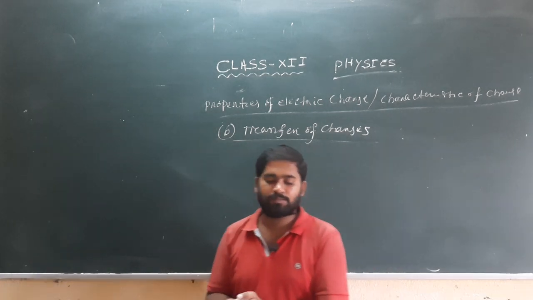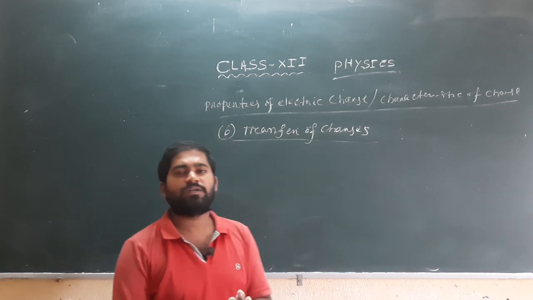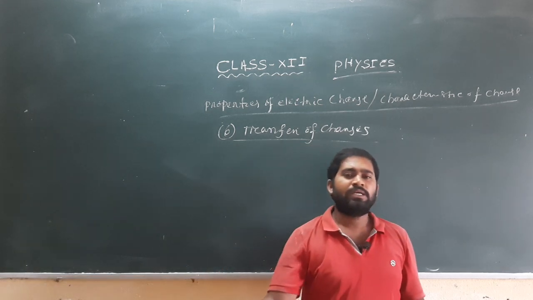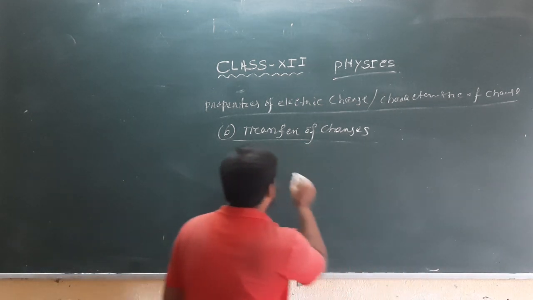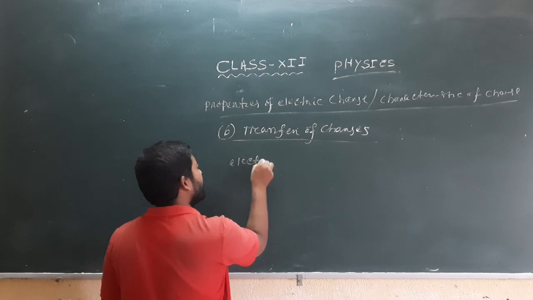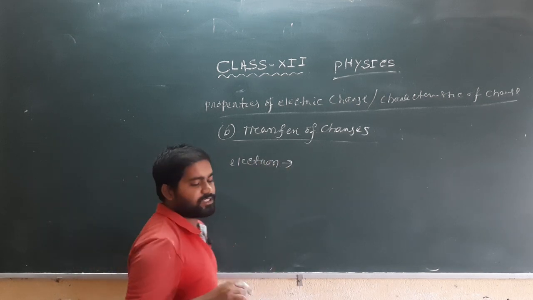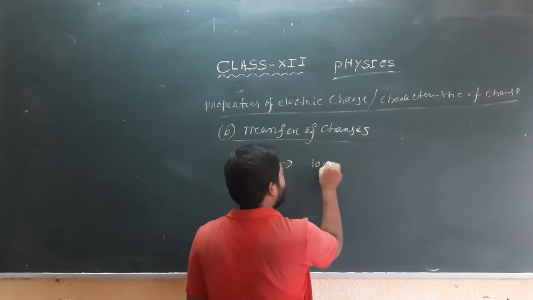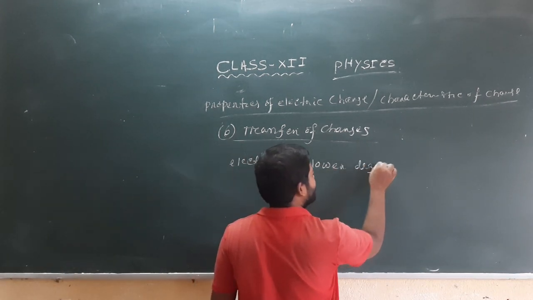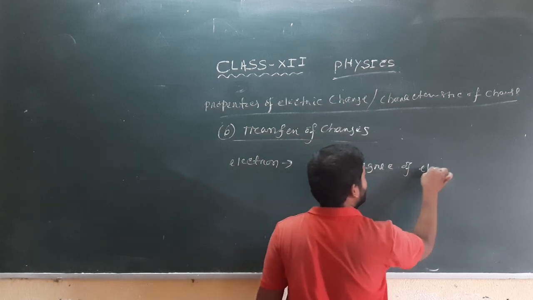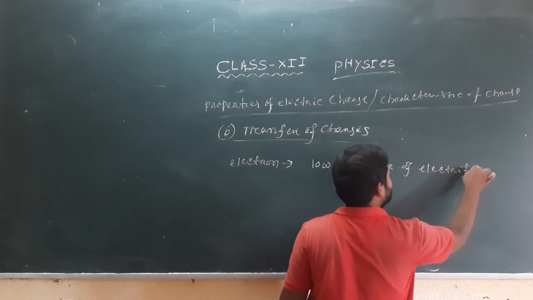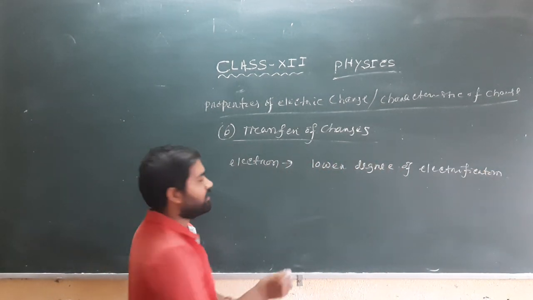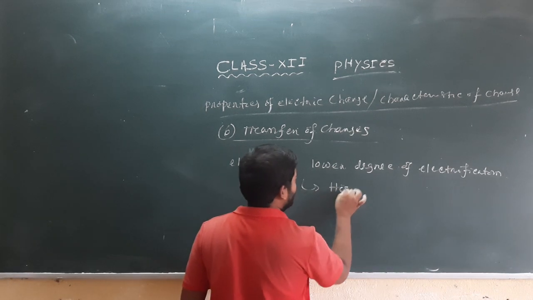Suppose I consider transfer of electrons from one body to another body. The transfer of electrons always takes place from a lower degree of electrification, which means low charge density, to a higher degree of electrification.